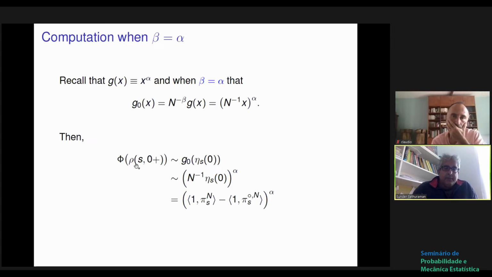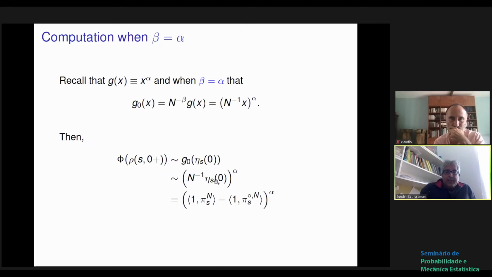So phi of rho of s at 0 is close to this, which is what we argued in the previous slide. This one from here is exactly equal to this.